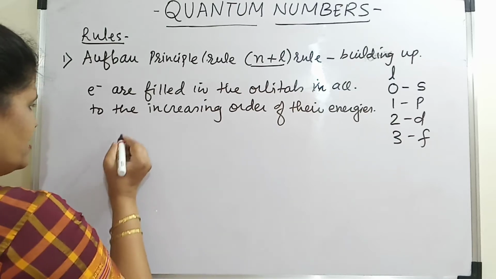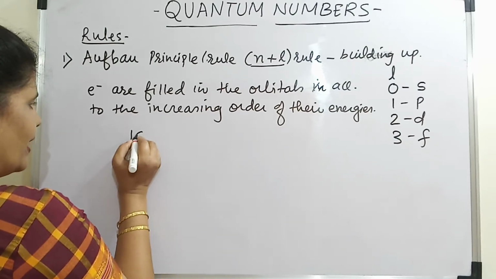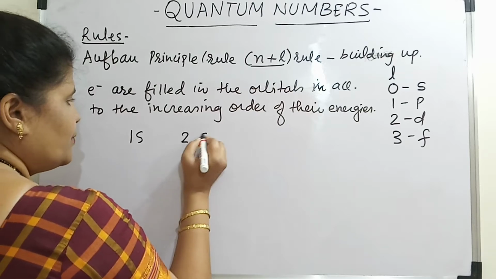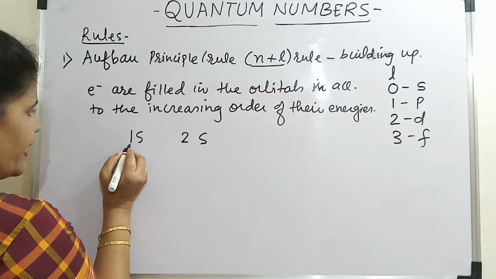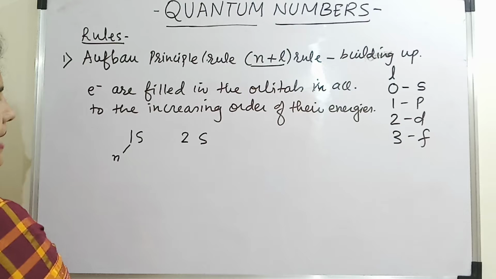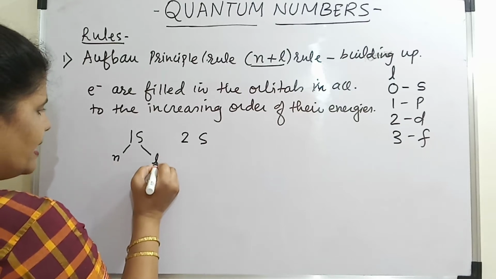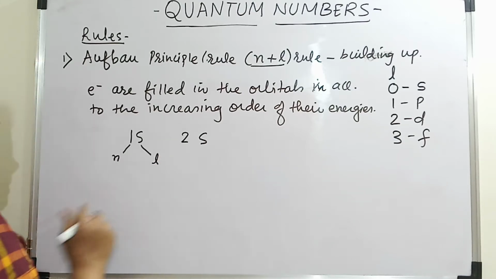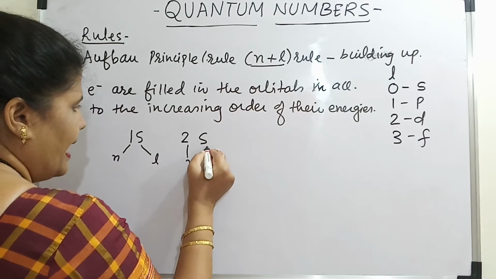To understand this, let me take the first orbital, that is 1s, and the second orbital, 2s. This indicates the principal quantum number, n, and this indicates the azimuthal quantum number, l. Similarly, this is n and this is l.